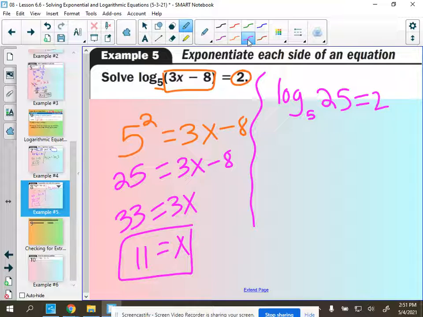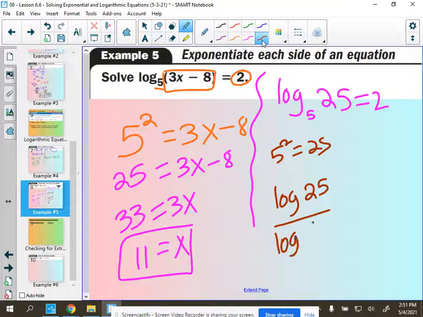How do I know that that's true? I'm not super comfortable with logs. I could either do the rewrite portion and go, hey, 5 to the second power equals 25. Or you're actually probably better off trying to do the change of base formula: the common log of 25 divided by the log of 5. It should come out to 2.